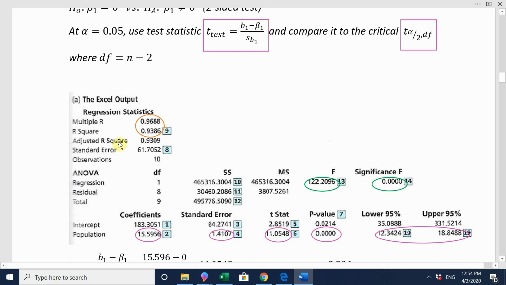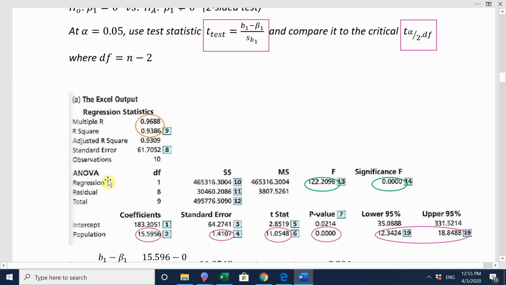Here we are getting our correlation coefficient, that's in the first line right here. That's your multiple R. Then the R square, well, that is your coefficient of determination.